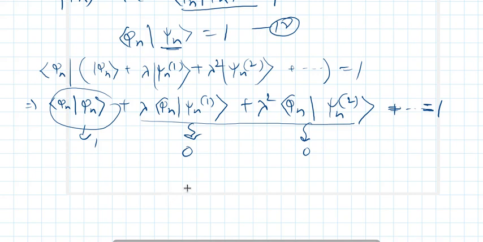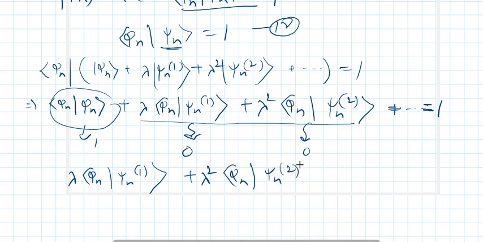So it means we can say that lambda phi n psi n1, because lambda can never be 0, they are non-zero numbers, so the rest of the terms must be equal to 0, and so on.